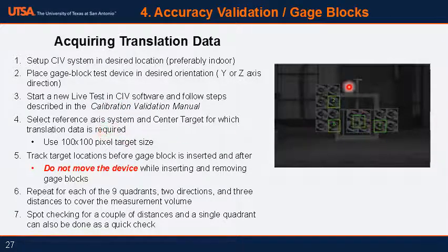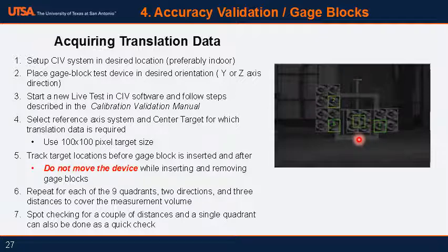You select the reference axis system. So core targets 0, 1, and 2 give you the x and y coordinate system relative to the gauge block system. And then you'll track the target number 3. We highly advise that you use 100 by 100 pixel size to do this. You track the location of these targets for maybe 30 or 40 images.